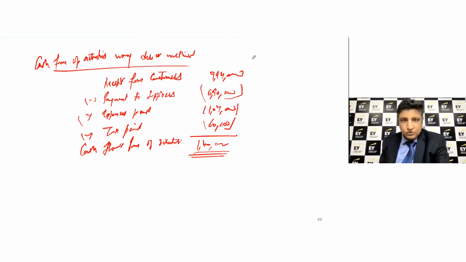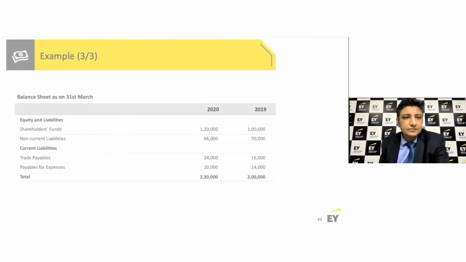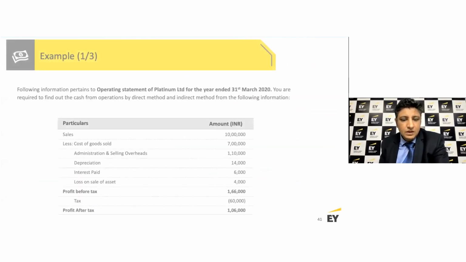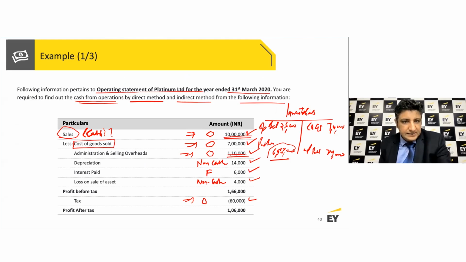Let's do one thing. Let's go back to the statement of profit or loss account, wherein we are given, for example, that our profit is given at 1,66,000. Okay, so let's start from there.